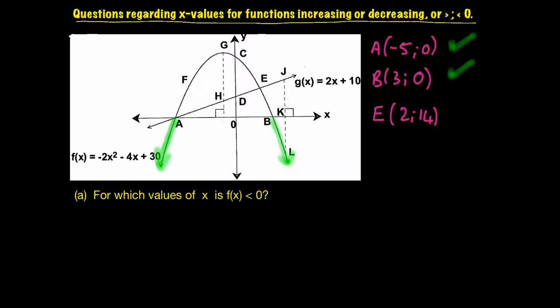So the way that we write this down is that we're going to say x is less than the x value at a, which is negative 5, or x is greater than the x value at b, which is positive 3. We don't use a less than or equal sign because in the question it said it must be less than 0, not less than or equal to 0.